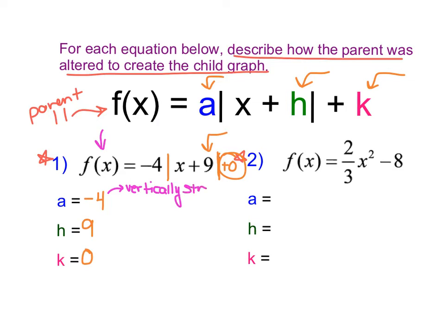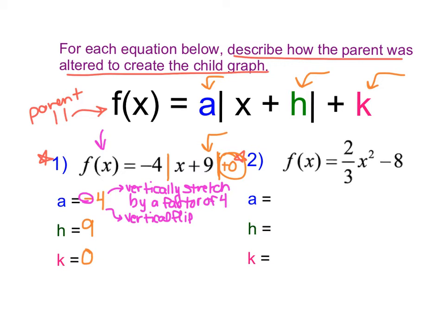So it's going to vertically stretch that parent graph by a factor of 4. Then, because this is a negative, this a value has a second effect on this child graph. This negative value also means we're going to have a vertical flip. So in this problem, the a value impacts our parent graph in two ways. It stretches it and it flips it.